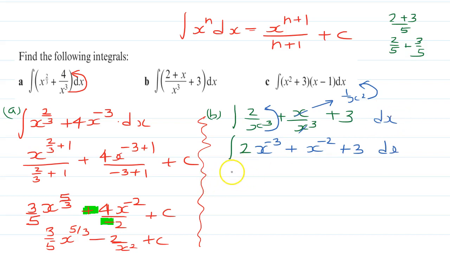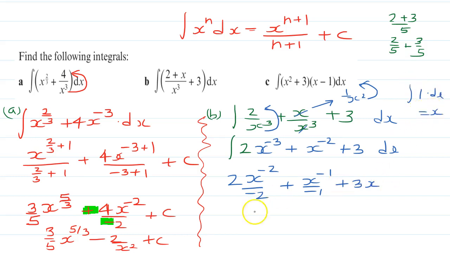So let's integrate. So it is 2 times x to the power minus 3 plus 1, that is minus 2, divided by minus 2, plus x to the power minus 2 plus 1, that is minus 1, divided by minus 1, and 3x, because integration of 1 into dx is x.